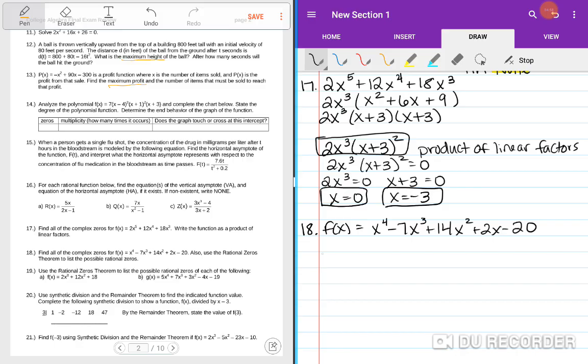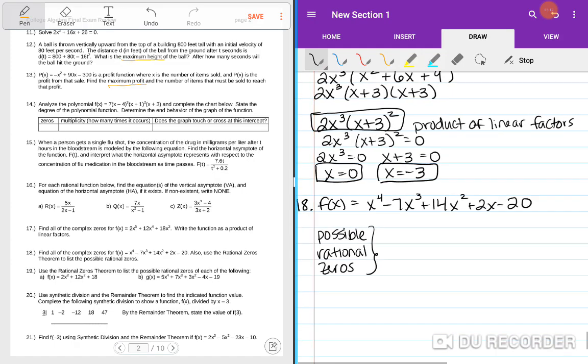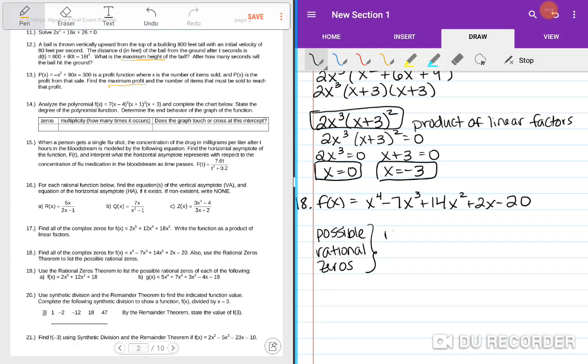In order to begin, we can't factor anything. No greatest common factor there. So let's list out the possible rational zeros. To find them, we're going to list the factors of the constant term, so factors of 20, and divide those by the factors of the leading coefficient, which in this case is 1.